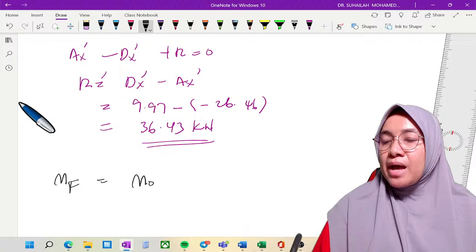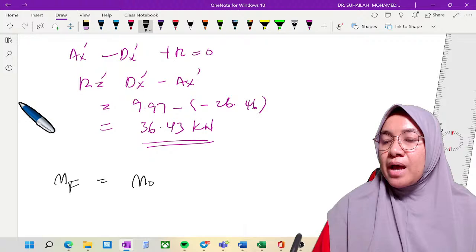We will calculate MAB, MBA, MBC, MCB, MCD, MDC, all 6 values. We can also get these values by putting them in the table like this: AB, BA, BC, CB, CD, and DC.